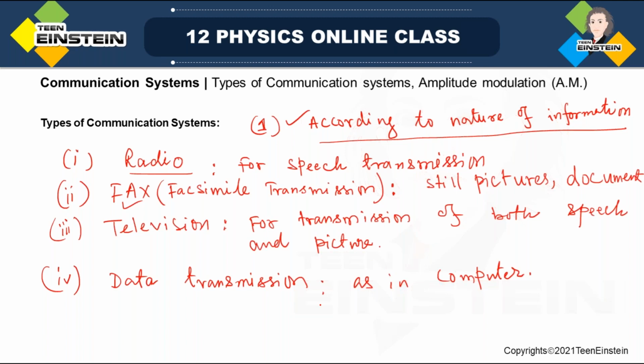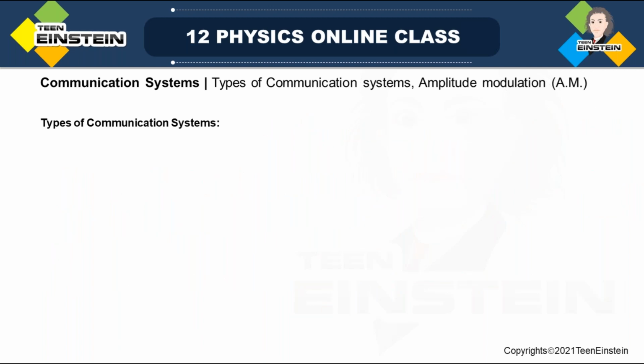Now we'll see there are various other categories also. Now we'll see according to the mode of transmission.